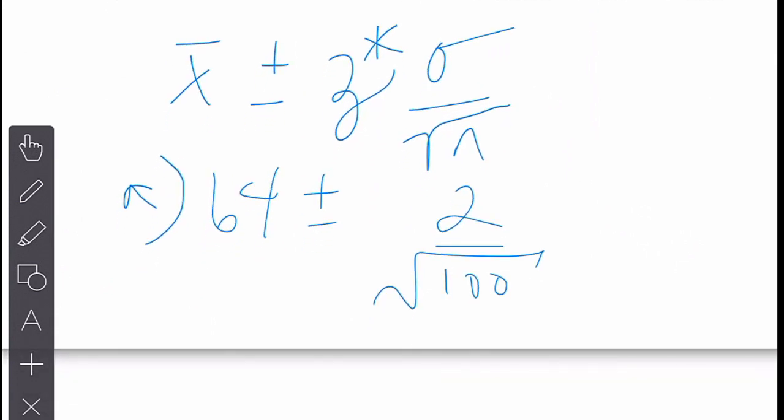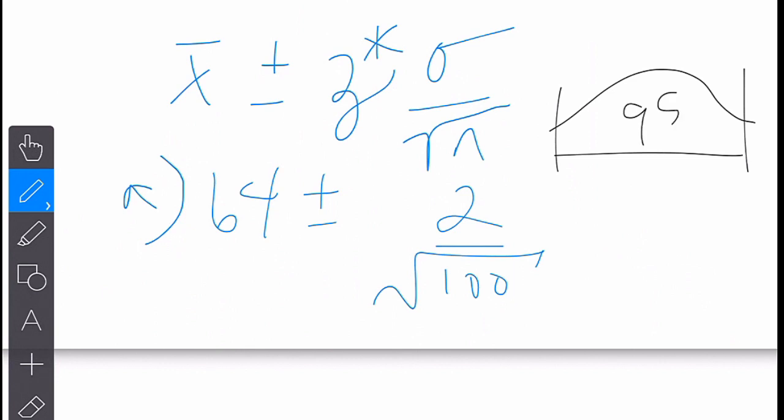We need to figure out from the standard normal distribution how many standard deviations away to catch 95%. Well, we know that from the rule. It's like 2 or so, right?